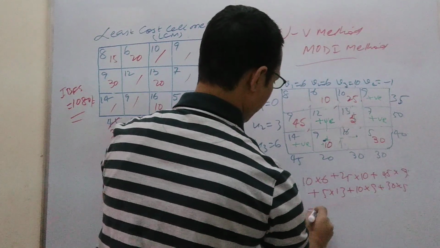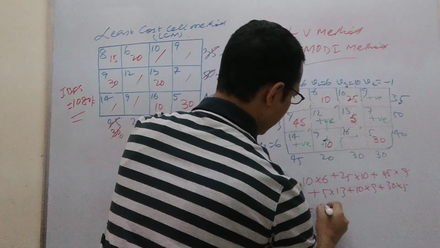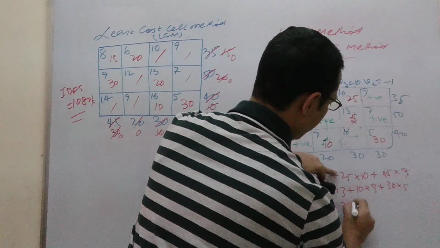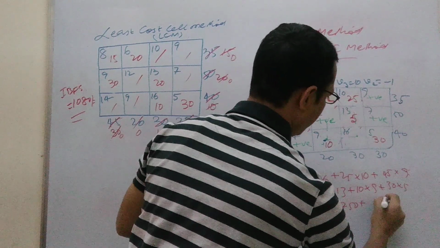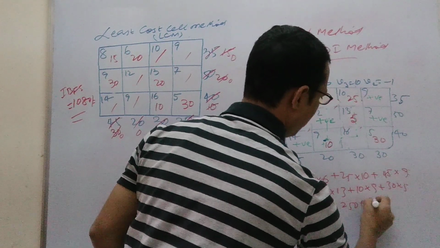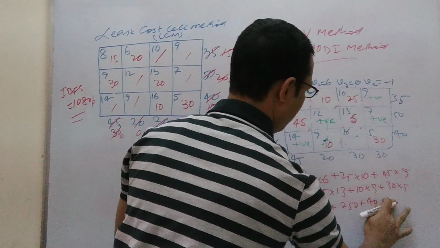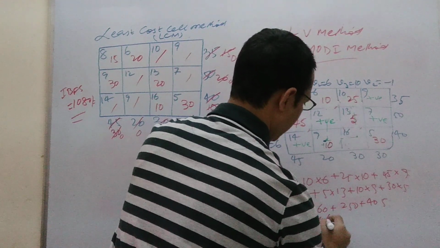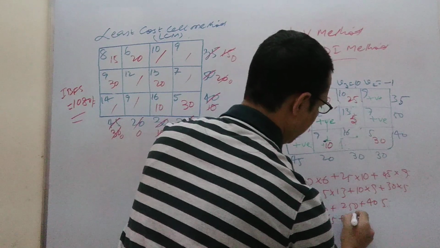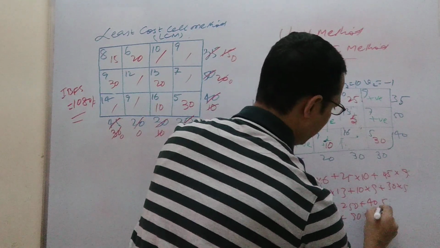These are the allocated cells. If you calculate: 60, 250, 405, 65, 90, 150.